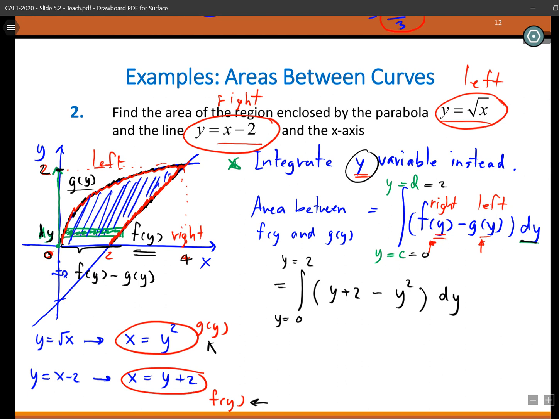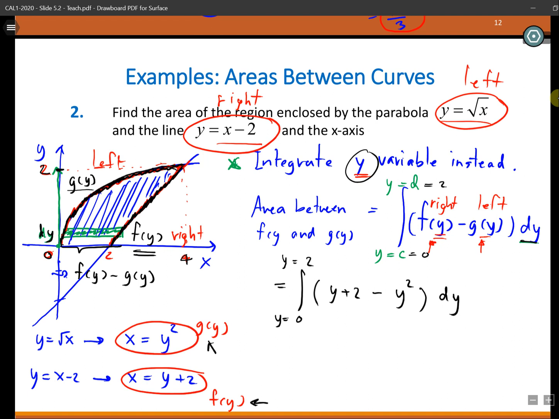We only have the one right boundary right here. Over the whole region, this line is always the right curve, right? And over the whole region, this parabola on the side is always on the left hand side, right?